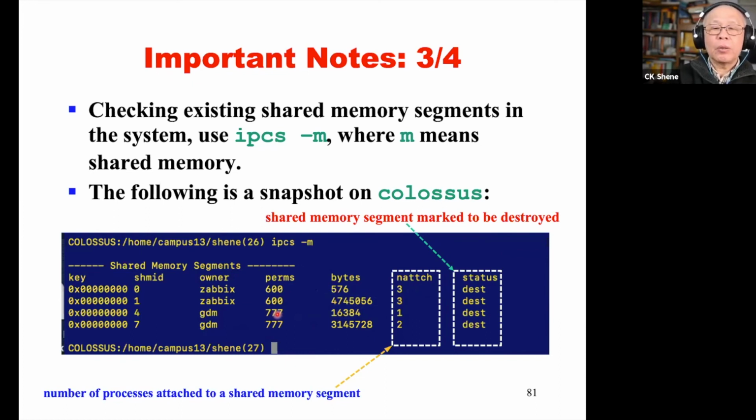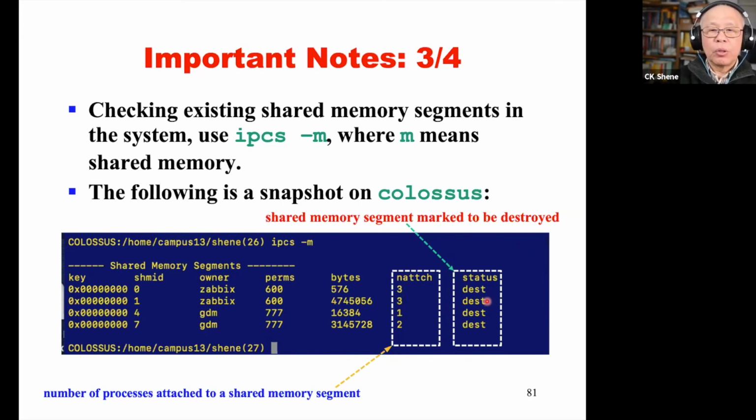He and his group and everyone in this world could read and write. But the status is shown in this way, DEST. It means these shared memory segments are marked to be destroyed. So it's okay.